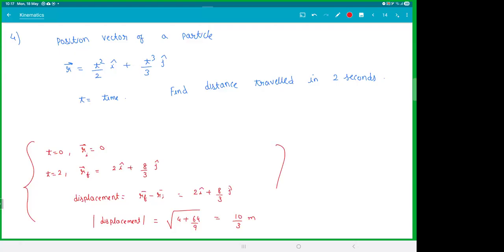What you got is the magnitude of displacement, isn't it? No, Karthik, that is wrong. This is not distance. I didn't ask you this. This is the magnitude of displacement.